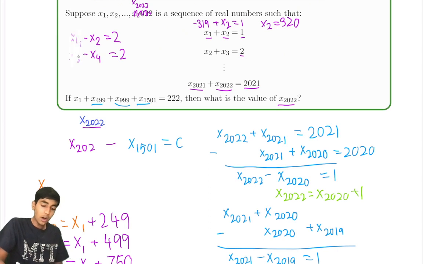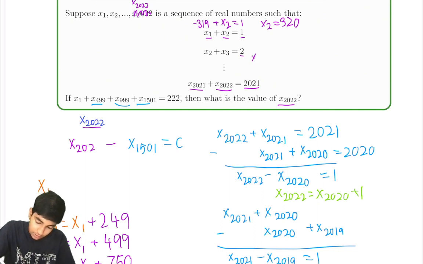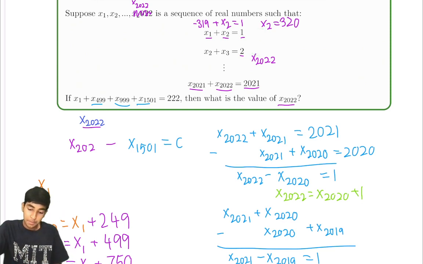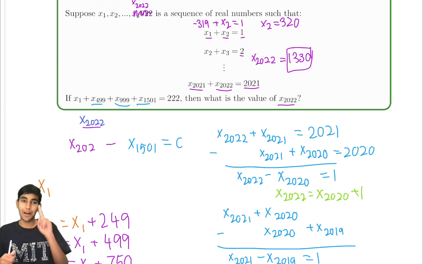Every 2 we go up in the subscript, we go up by 1 for the x value. So for x of 2022, it goes up 2020 in the subscript, but because every 2 we increase the value by 1, our value increases by 1010, which gives 1330. So that is going to be our answer for this problem.